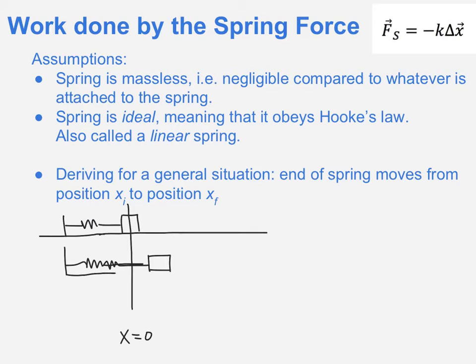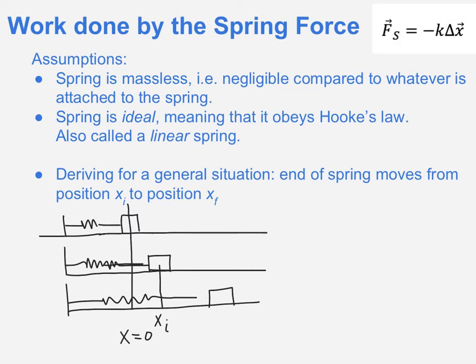Either we pushed it or something pushed it, whatever happens to be. And so at some moment it is at this position here, which I'm just going to call x sub i for initial. And then at some later moment I look and my mass on my spring is all the way over here at x sub f. Again, I don't really want to worry about how that happened. That's just the situation we're going to look at.